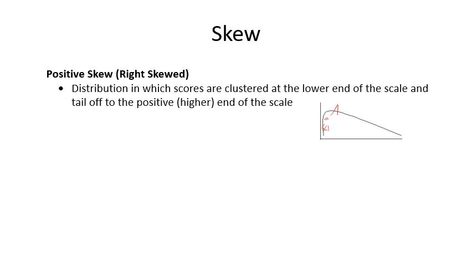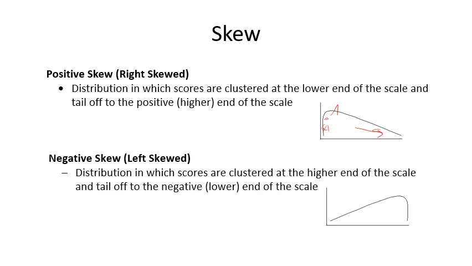But you've got a cat face here, and what direction does the cat's tail go? The cat's tail goes this way. That shows that it is right skewed, or it goes in the positive direction, it is positively skewed. So that is one way to remember if something's positively skewed or negatively skewed, which we'll talk about next: which direction is the tail going, and the tail is going in the positive direction.